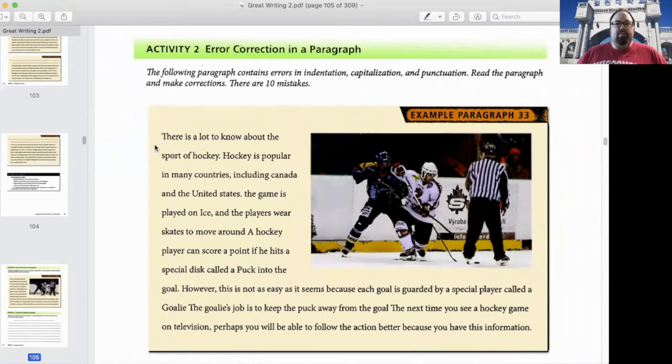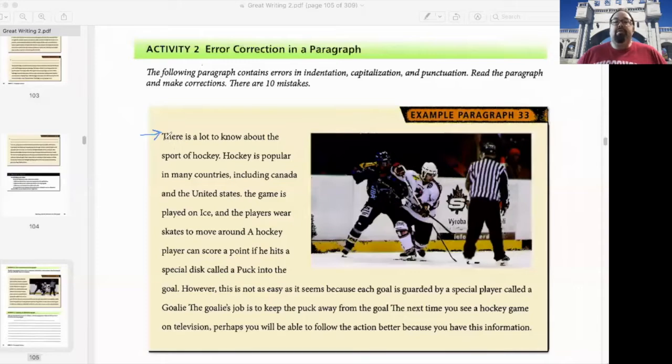And let's go ahead and see what we've got. So it says errors will be in indentation, capitalization, and punctuation. So right away, just from looking at it without even reading yet, I can see there is an indentation mistake. So this paragraph, the first sentence is not indented. It should be. So that's mistake number 1.